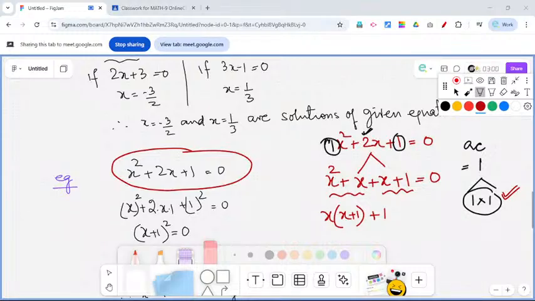Now from these, x plus 1 I'll get as common, and what remains? x plus 1. So the factors of this equation are x plus 1 multiplied by x plus 1. So this is using the splitting method.